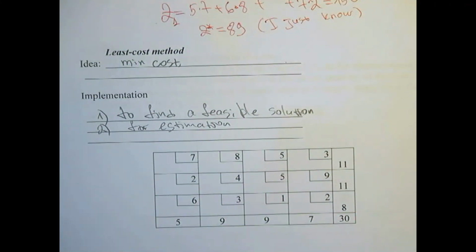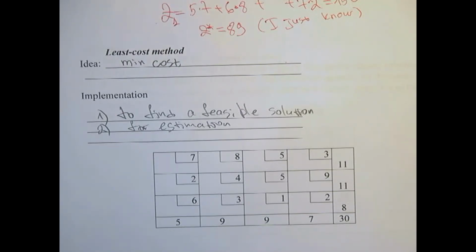For estimation, because now we take into account transportation cost, and this method allows us to somehow estimate the transportation cost. This method seems like an optimal one because it looks really reasonable.